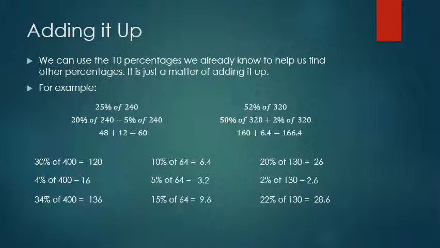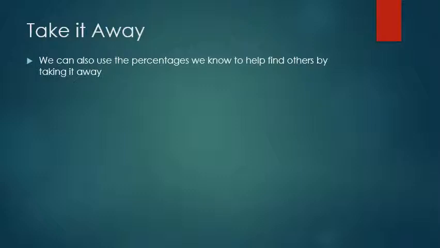Okay, let's have a look at the next strategy. Take it away. We can also use the percentages we know to help us find others by taking it away. So for example, if I wanted to find 28% of 300.